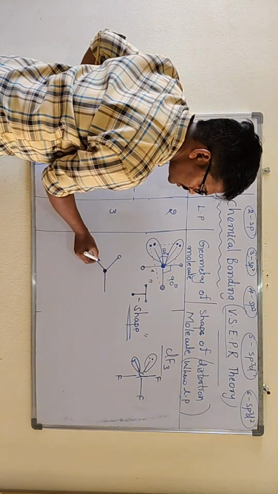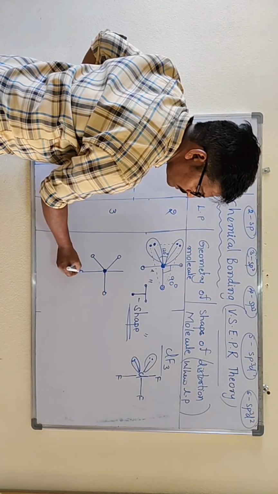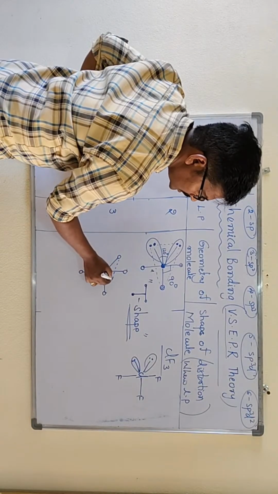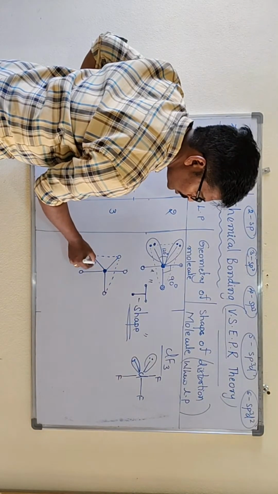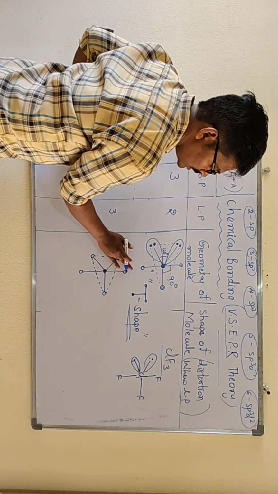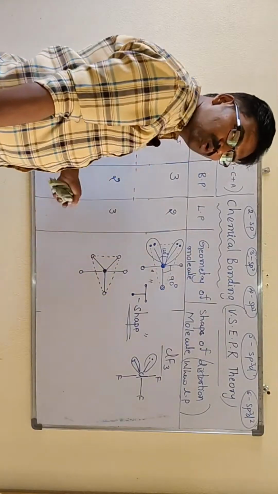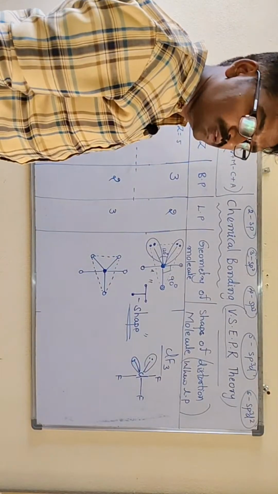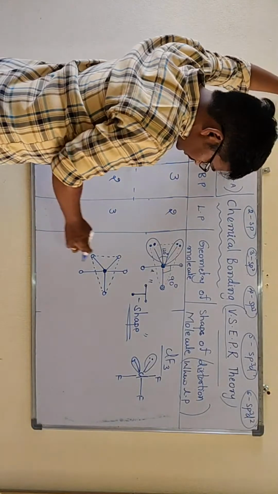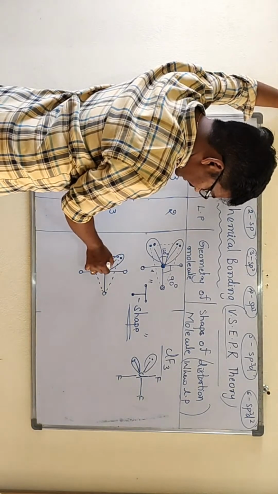Just assume this is a bond pair, this is a bond pair, this is a bond pair, and above the plane 1 and below the plane 1. So these 3 atoms are in the same plane. This we call trigonal planar. Above the plane 1, below the plane 1. Trigonal bipyramidal we are calling.